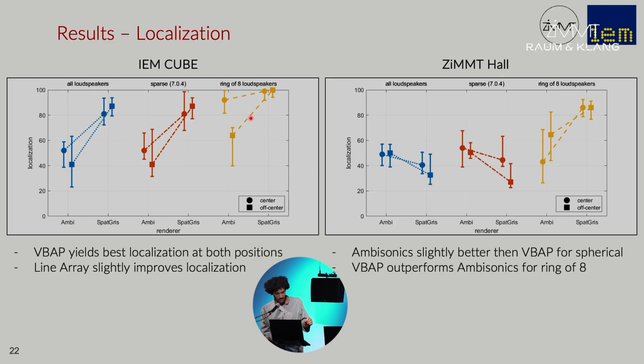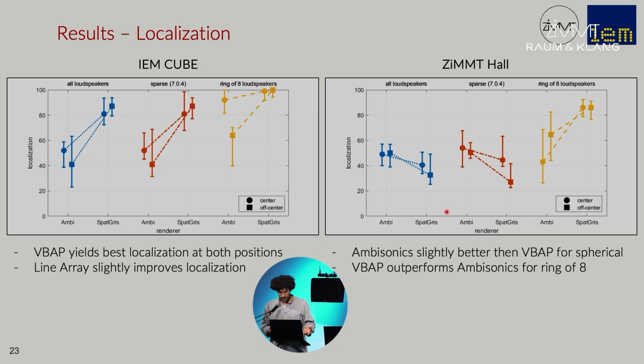And as we can see here on the right side, the line array even further improved that, because we get a better direct to reverberant ratio and therefore more spatial clarity. That's why the performance seems better. In the Zimthal, we could see especially an effect at the center position, again from the renderer and the layout.